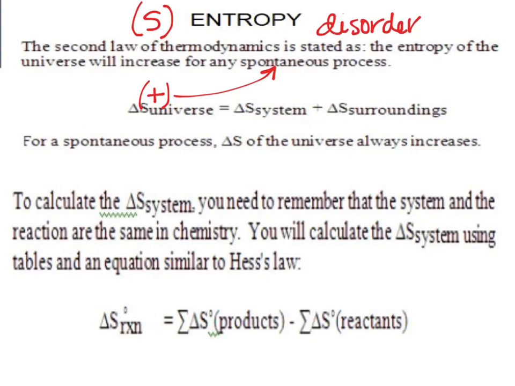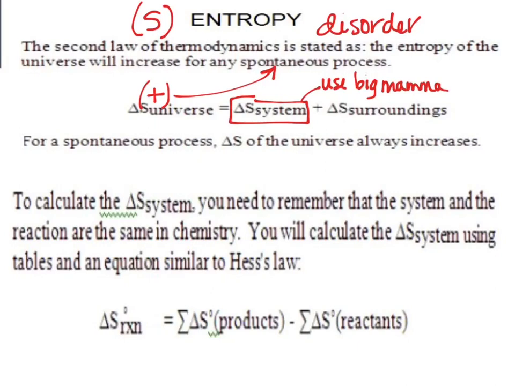To find the delta S of a system, we just use Big Mama. You have all your S's for each reactant and product, and you take the sum of the products and subtract the sum of the reactants to get your system.